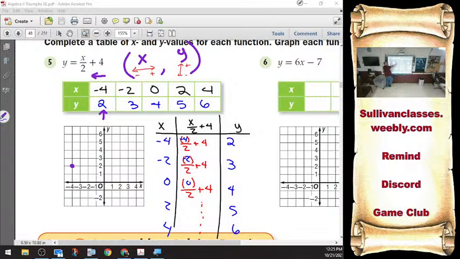Stick in a left 2, up 3. Left 2, up 3. No left or right, up 4. Right 2, up 5. And right 4, up 6.